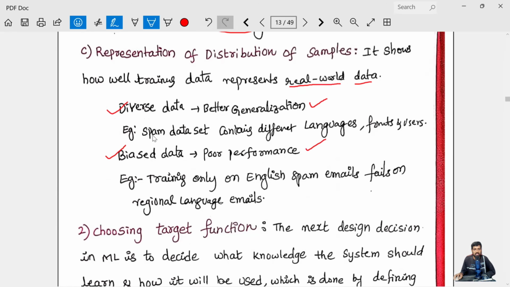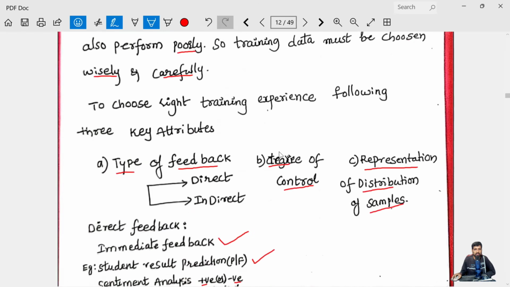For example, a spam dataset contains different languages, fonts and users. An example of biased data is training only on English spam mails, which fails on regional language emails. So the representation of distribution of samples should represent the real world data.